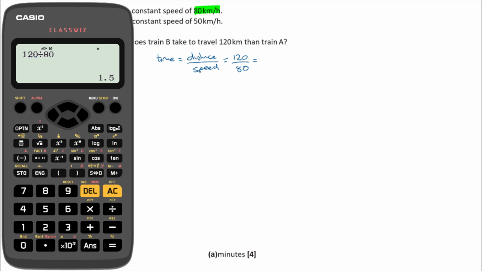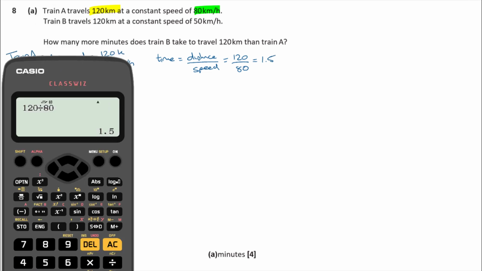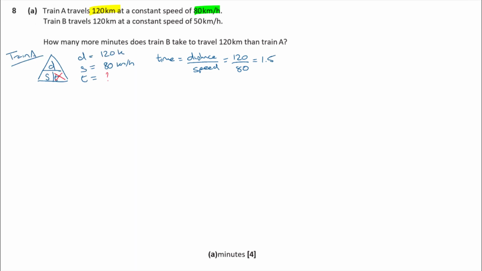That's 1.5, isn't it? That's going to be in hours, isn't it? 1.5 hours. That is 90 minutes, isn't it? Okay. Remember, the answer needs to be in minutes, so I'm going to convert into minutes.